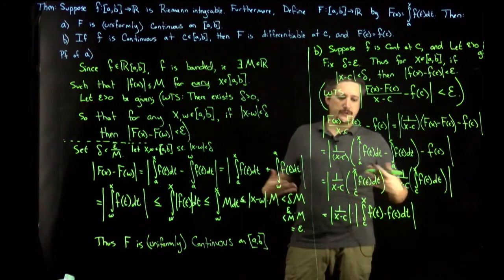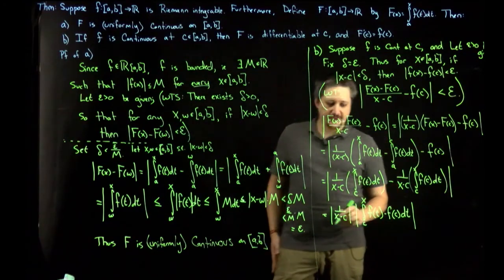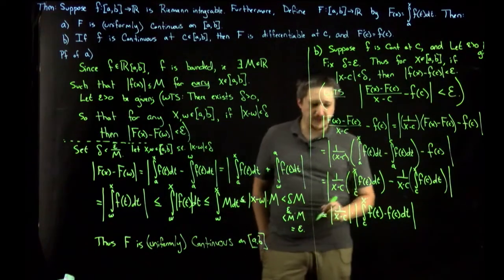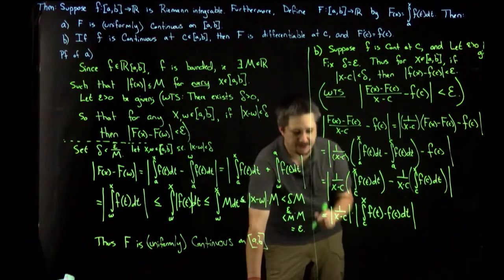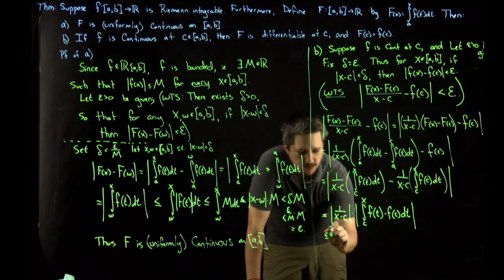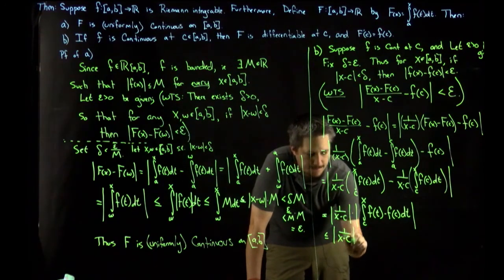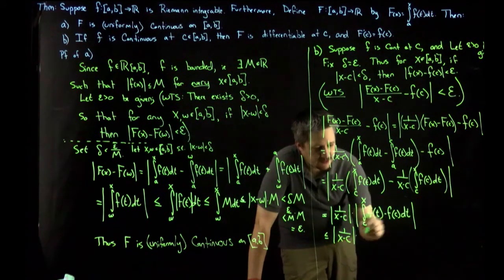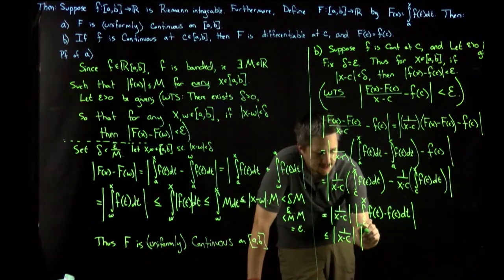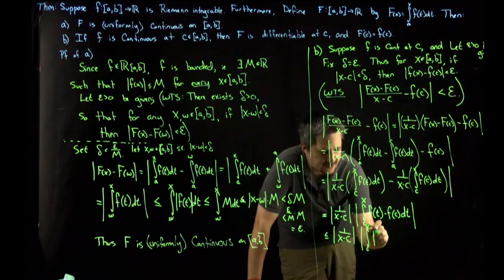So now what? Well, I'm going to use the same trick I did before, but I'm going to be even more careful than I was before. So this is less than or equal to the absolute value of 1 over x minus c times, I'm going to leave the absolute value on the outside, but I'm also going to have an absolute value inside.